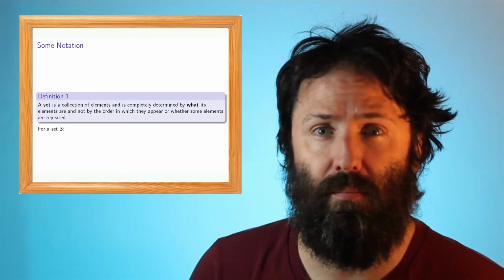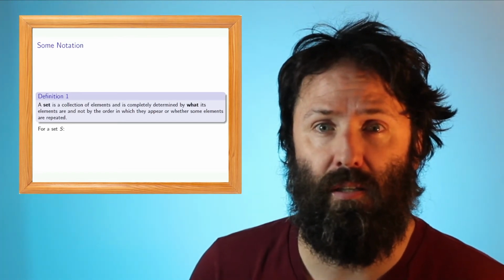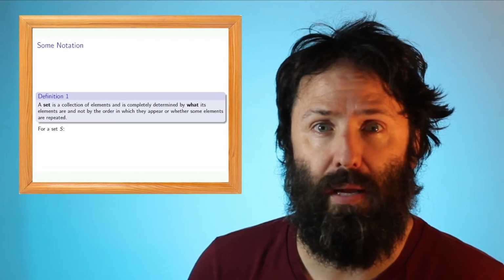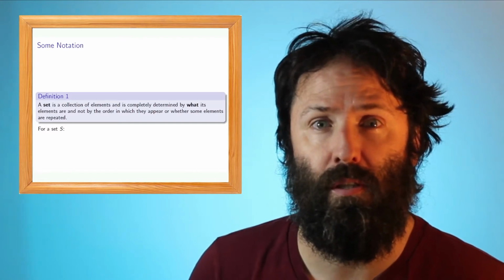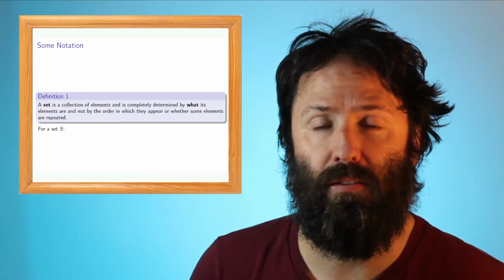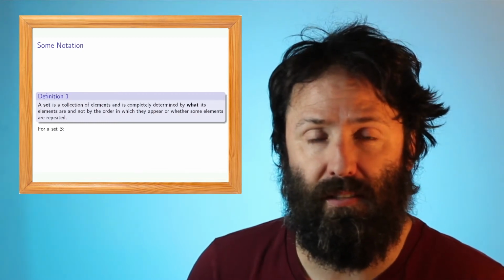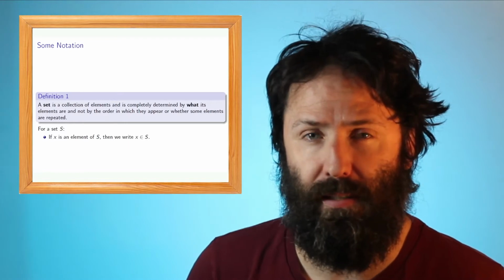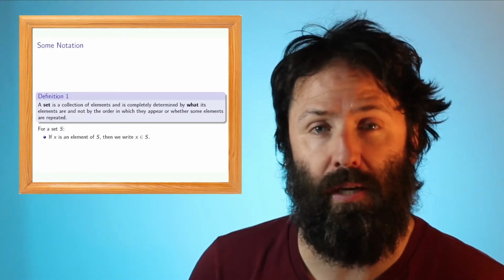So let's look at some definitions and some nomenclature, some symbols that we use for sets. When I'm talking about a set, I use a capital letter. So here I'm using S for set, and I use lowercase letters to represent those elements, those objects in a set.